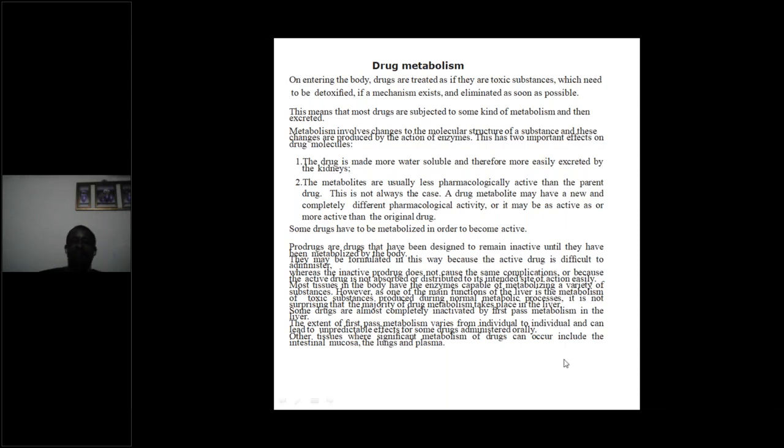Now, there are different phases of metabolism. There is the first phase, there's the second phase. Some drugs are completely inactivated in the first pass metabolism, whereas other drugs may not be completely inactivated in the first pass metabolism.